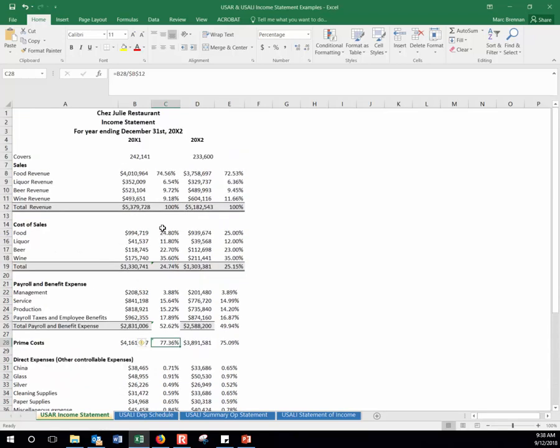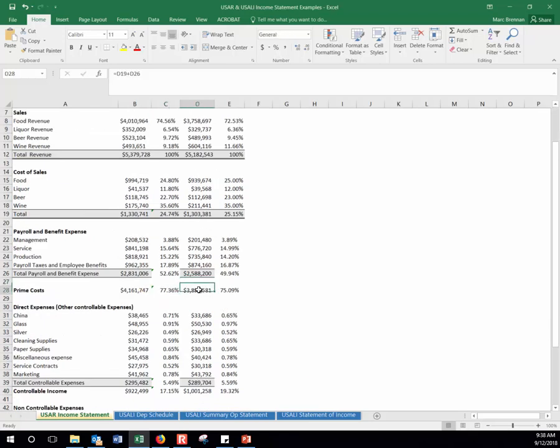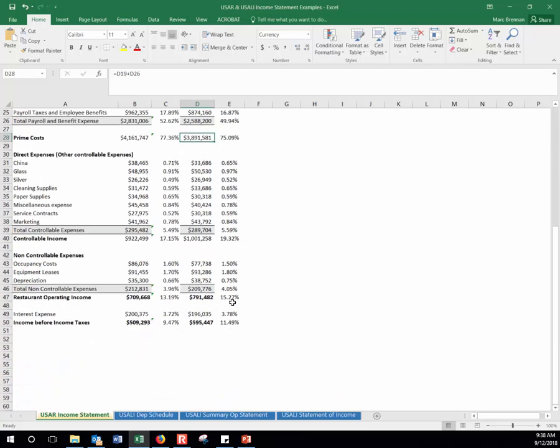So our prime costs took up more of our expenses in 2011 than 2012. So while we made less money, we're controlling our costs in a more effective manner. It doesn't look like there's much of a difference from 2011 to 2012 for the rest of these direct expenses. Last year they were 5.49% of total revenue. This year they're 5.59%. Very similar.